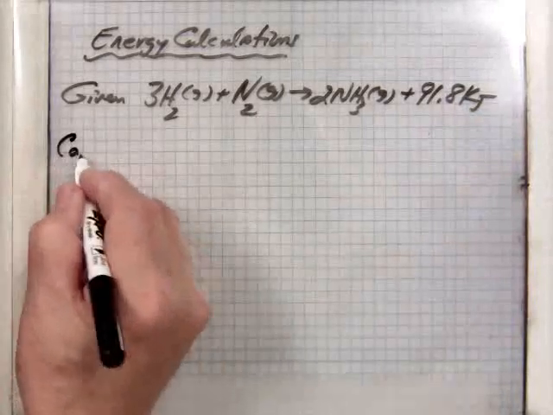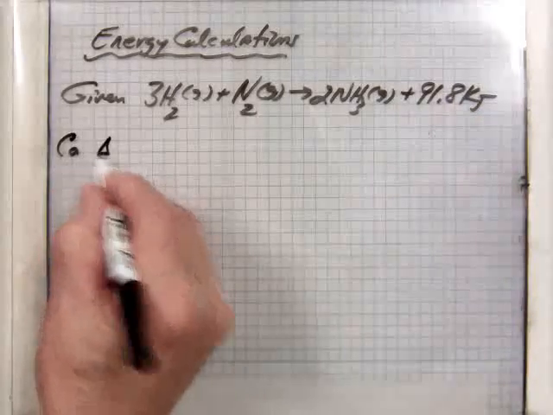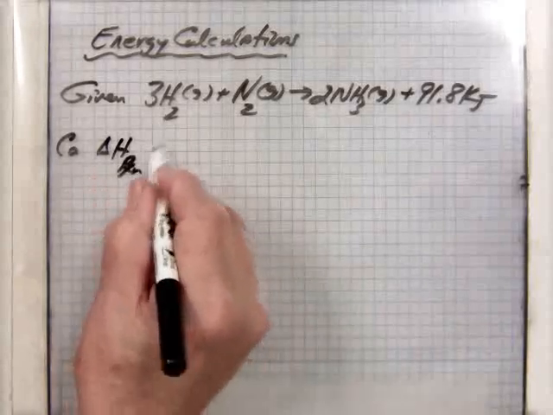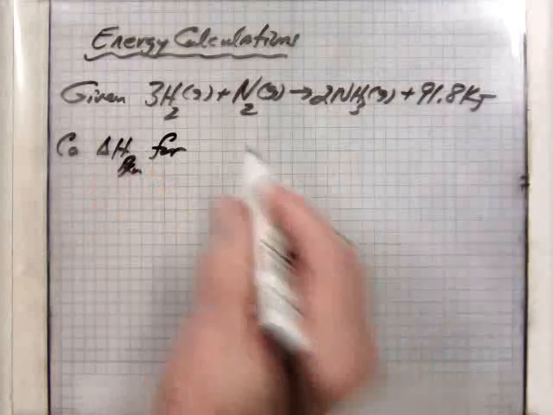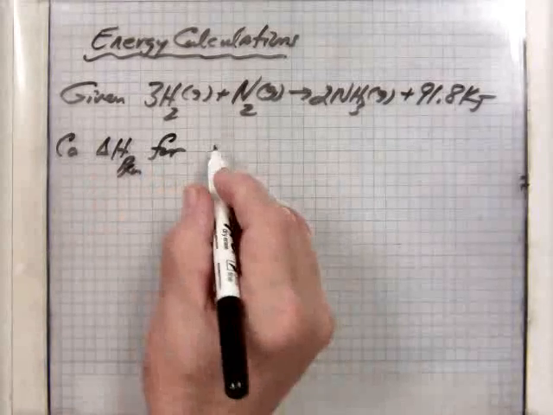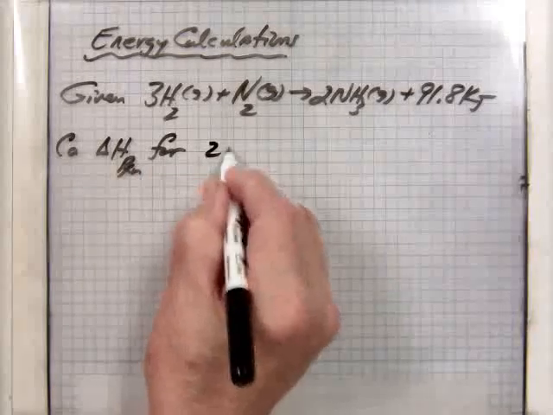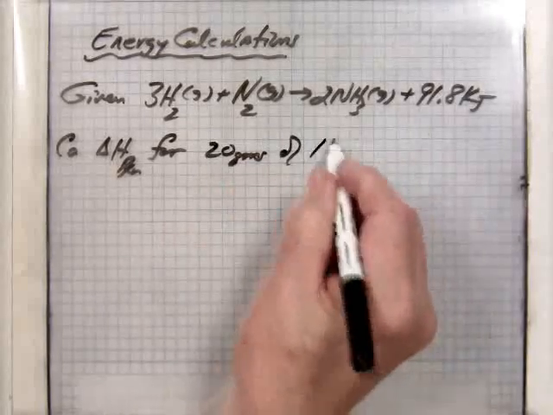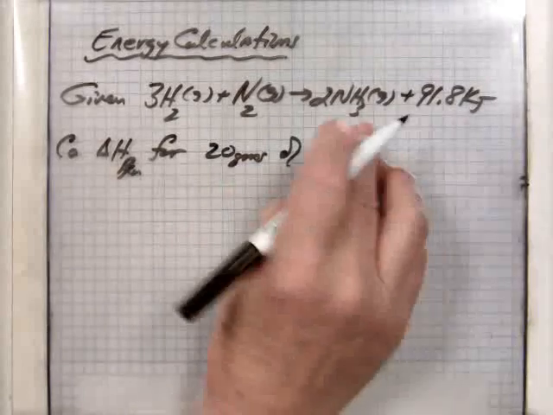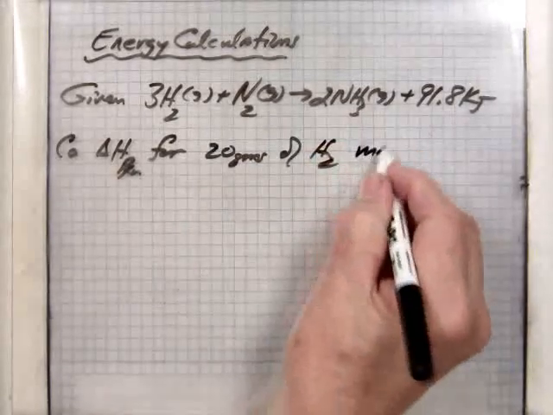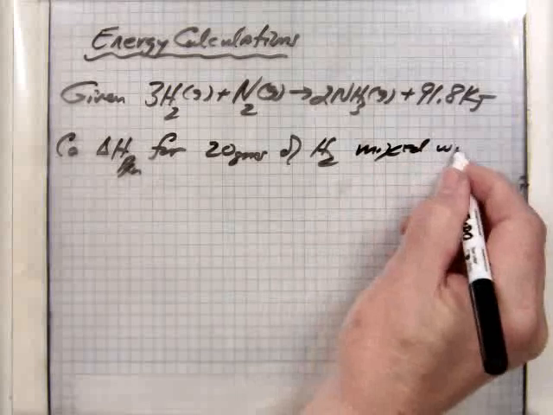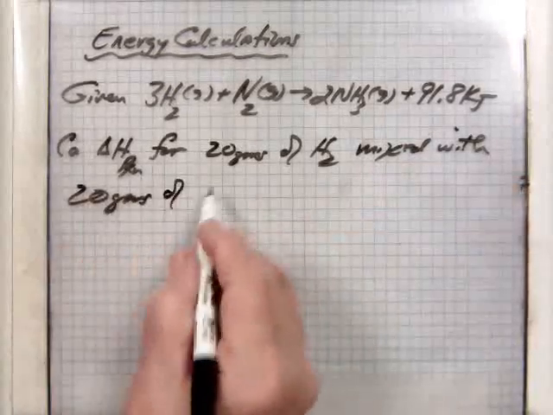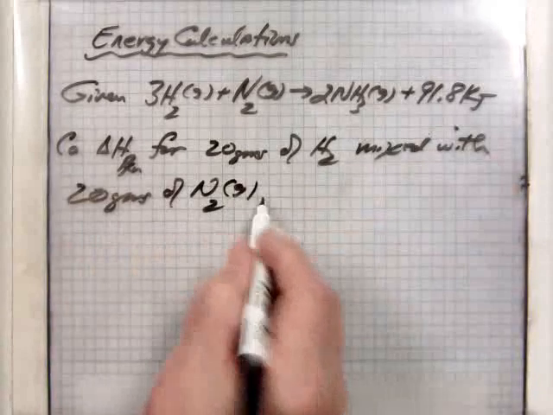Calculate the change, actually delta H, of the reaction for, I don't know, 20 grams of H2 mixed with 20 grams of N2 gas.